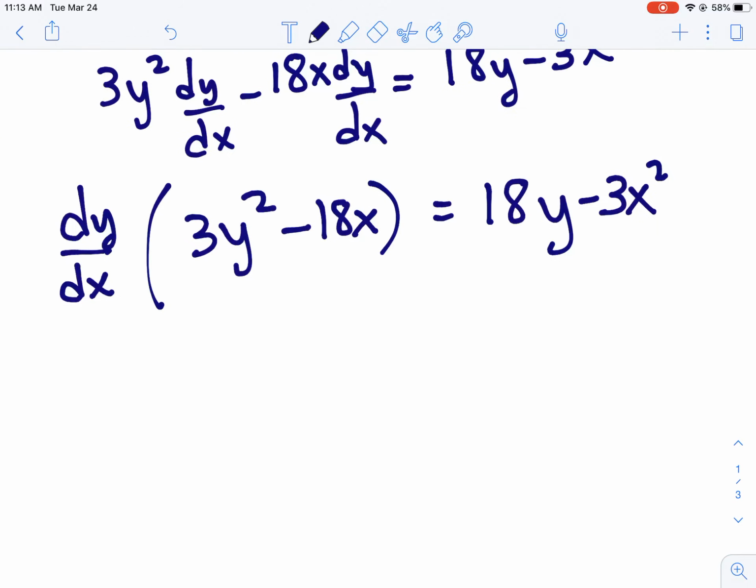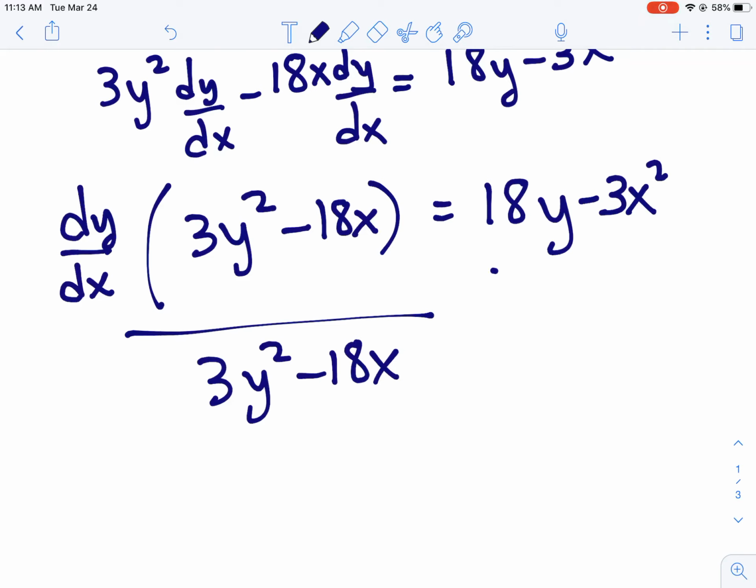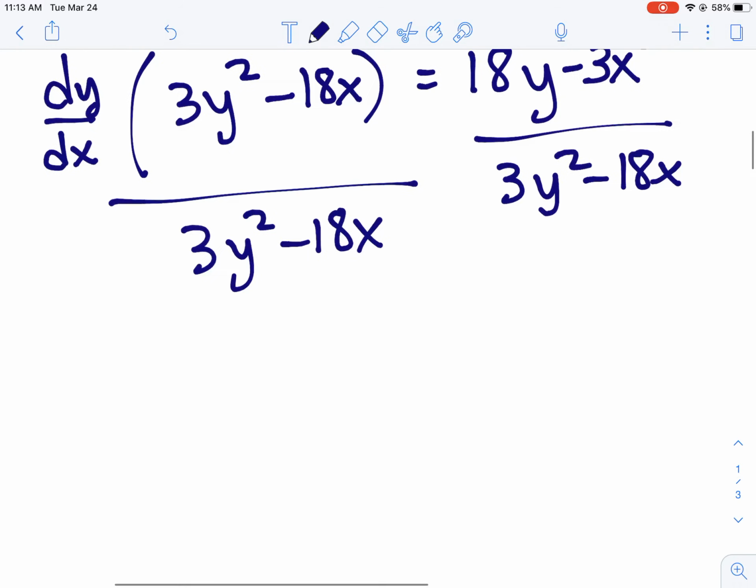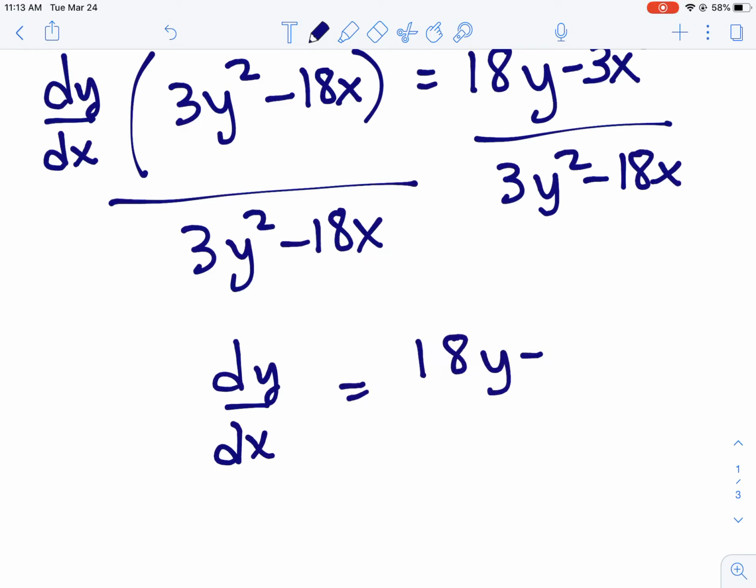All right, and now to solve for dy dx, I have to divide both sides by 3y squared minus 18x. So dy dx is equal to that crazy fraction, 18y minus 3x squared over 3y squared minus 18x.